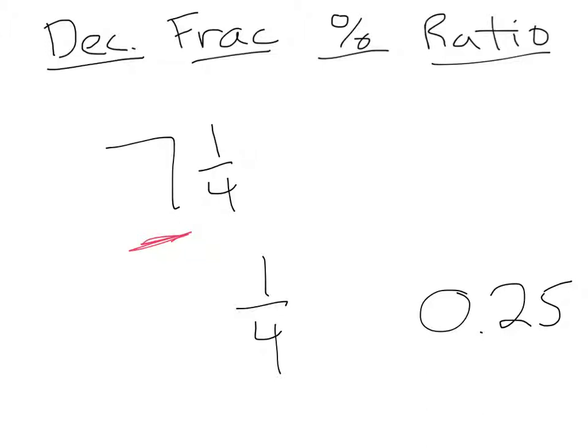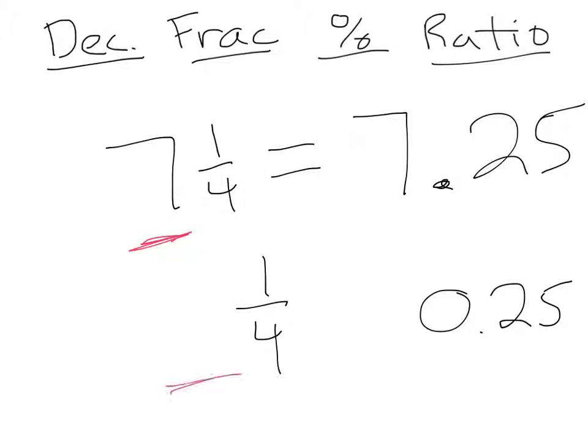So I know 1/4 being 0.25, that simply makes this 7.25. What happens is when there's a whole number in front, on the previous example there wasn't a whole number, which made that 0.25. But since there is something in front of that fraction now, that just simply becomes the number in front of my decimal.